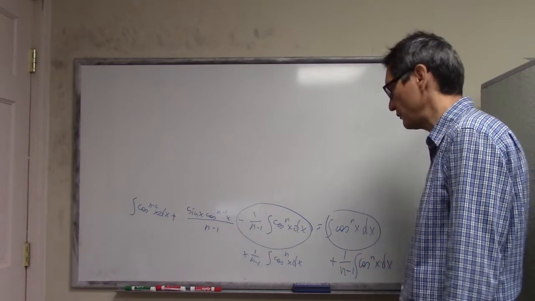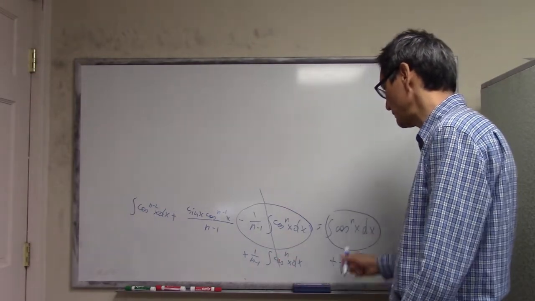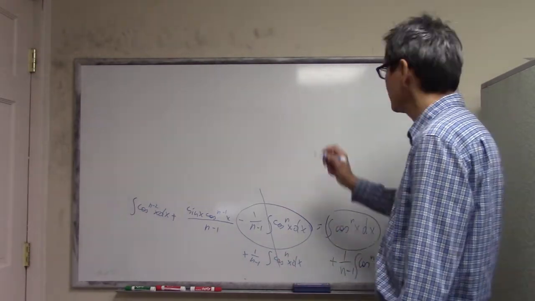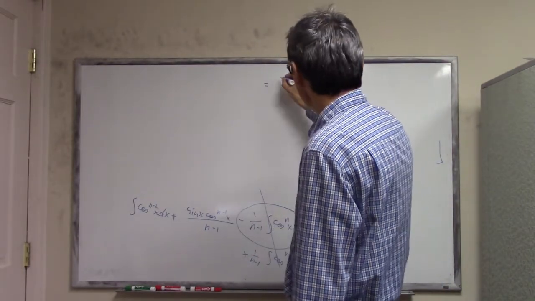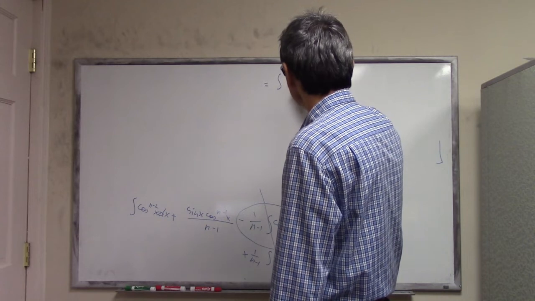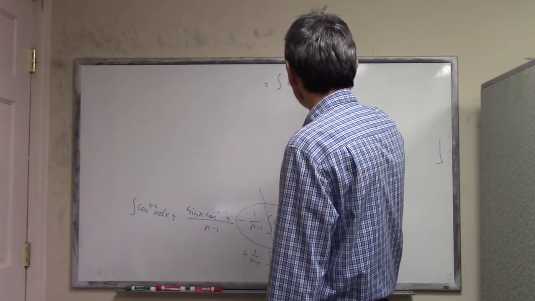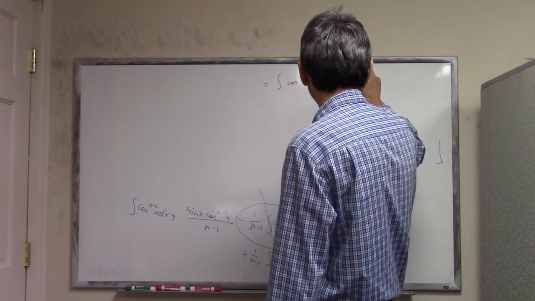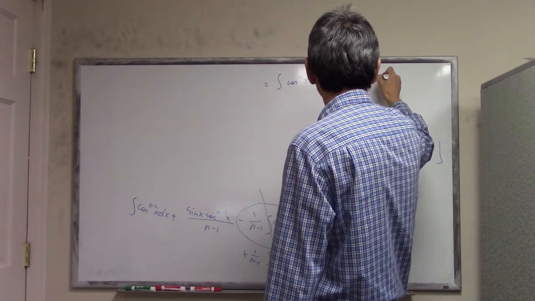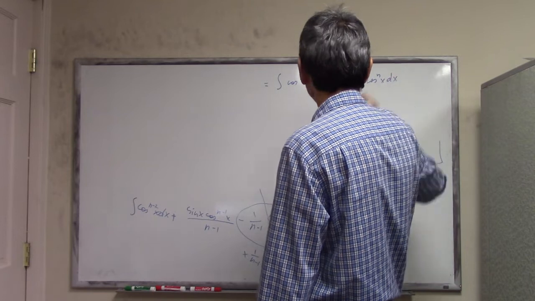On the left side it disappears, and the right side becomes the integral of cosine n x dx plus 1 over n minus 1 integral of cosine n x dx.